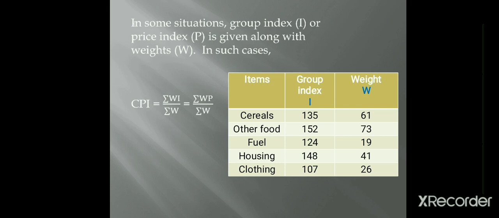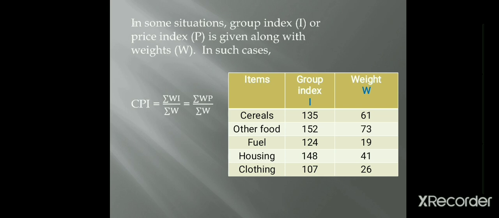The data given in the table speaks about, in the first column, different items: cereals, other food, fuel, housing and clothing. Each entry we treat as a group of items.